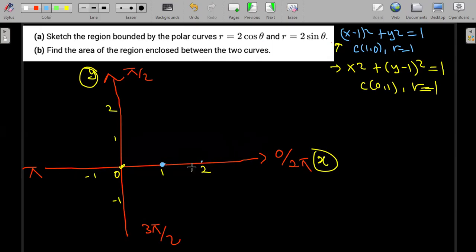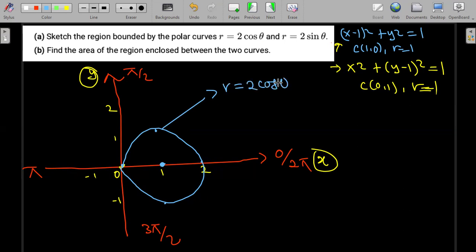So I go 1, and then below again 1, then above again 1. Let me draw it properly. So that's the circle. This circle in blue is r equals 2 cos theta, or in the Cartesian plane, x minus 1 squared plus y squared equals 1.